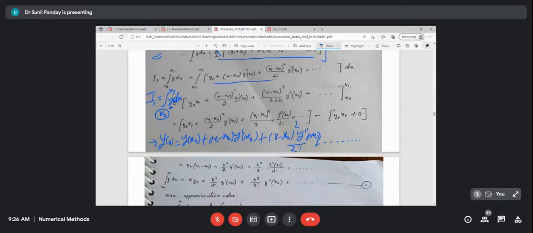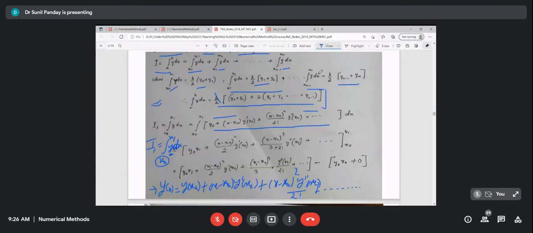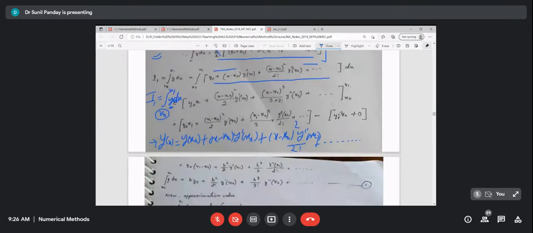So here you can see that on the left we have the integral from x naught to x1 of y dx, and y is now replaced by its corresponding Taylor series expansion. Obviously y of x naught in our notation is y naught, and the other terms are written as terms of the Taylor series expansion. Next, we integrate this analytically with respect to x.